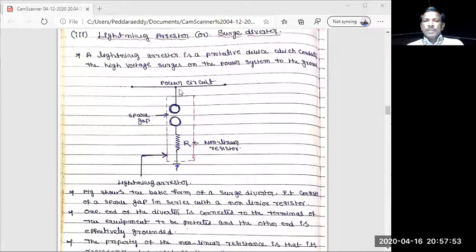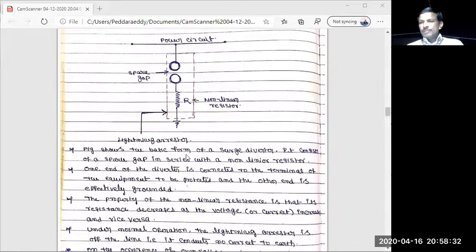At this time, the spark gap does not allow any voltage or current, and at the same time the nonlinear resistance offers very high resistance to the current or voltage. So under normal operating condition, no current or voltage flows from conductor to ground. Remember, under normal operating condition, the lightning arrestor is in offline condition.